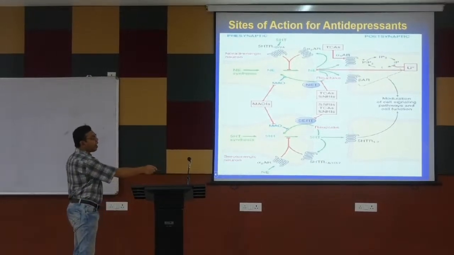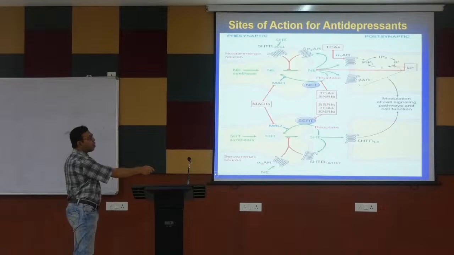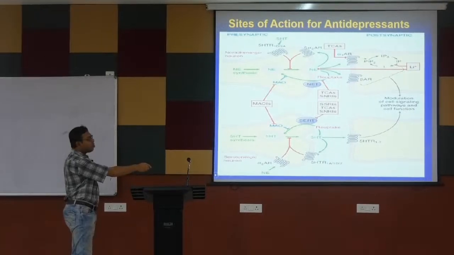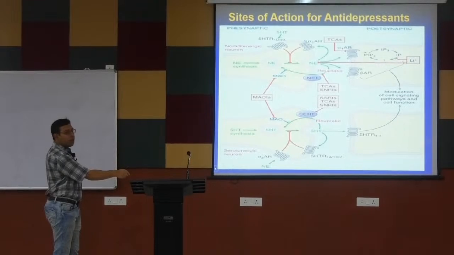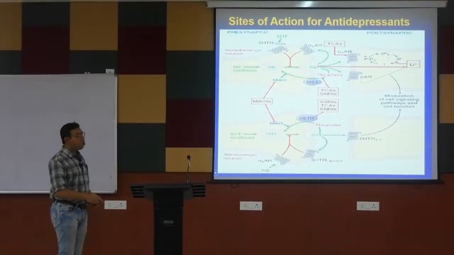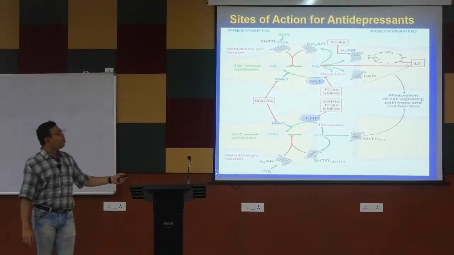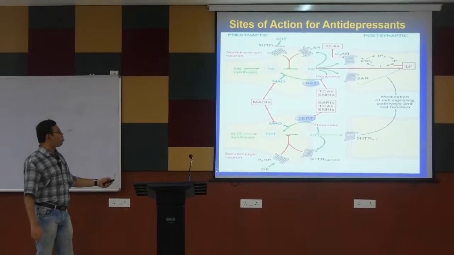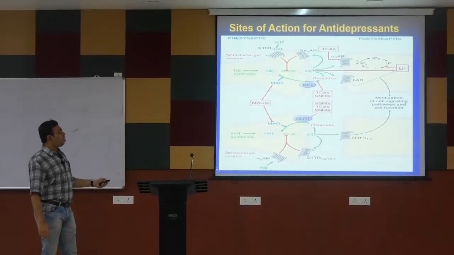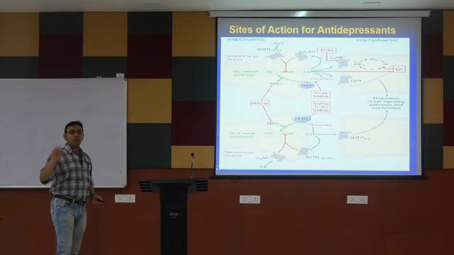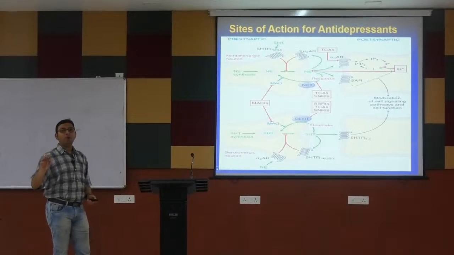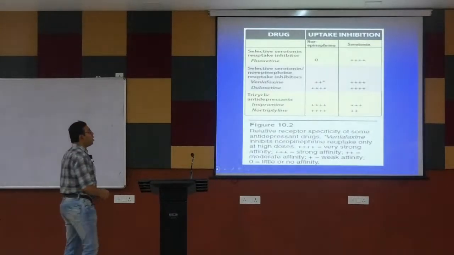Tricyclic antidepressants and SNRIs block the norepinephrine transporter and serotonin transporter. SSRIs selectively block the serotonin transporter. Tricyclic antidepressants block other transporters also. So these are the different drugs that mainly act to increase the synaptic cleft availability of the different monoamines.